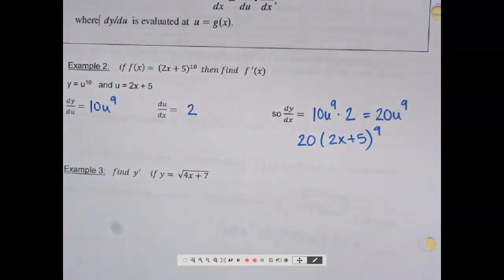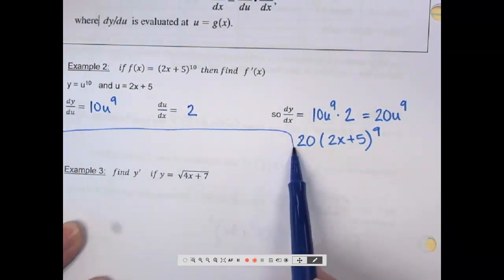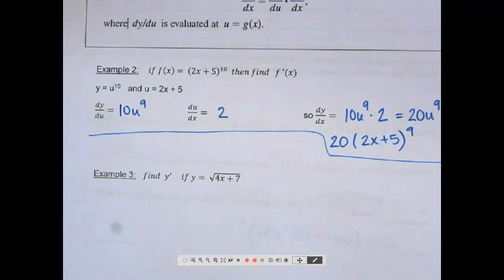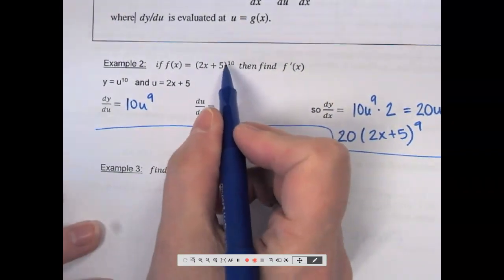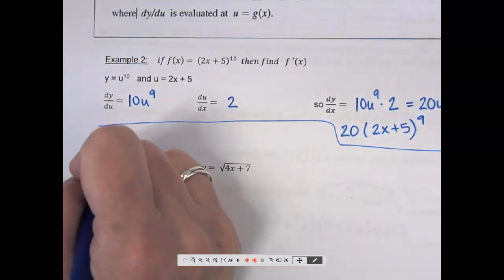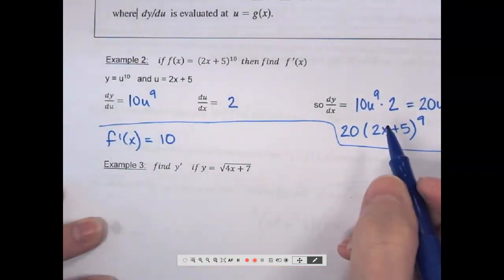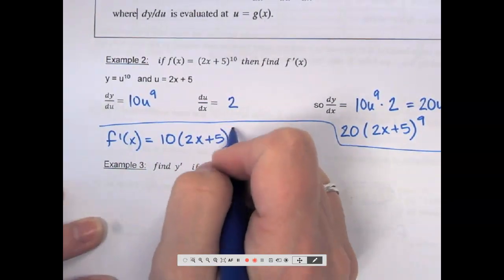Let me show you another way, and some of you might prefer that. Do you have a question? Okay, so here's the other option. Look for the outer function. The outermost function is something being raised to the 10. So when I take a derivative of power 10, I bring the 10 down in front, and then whatever's being raised is now raised to the 9.